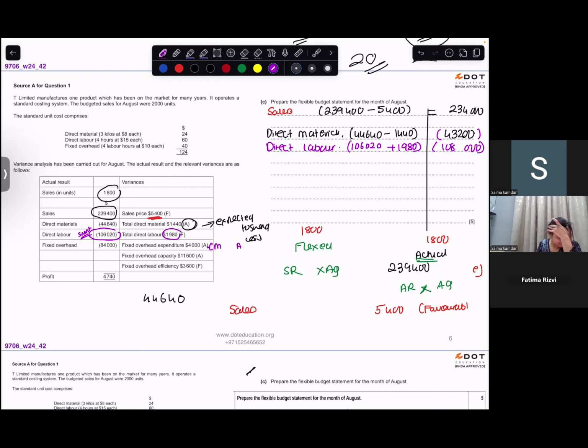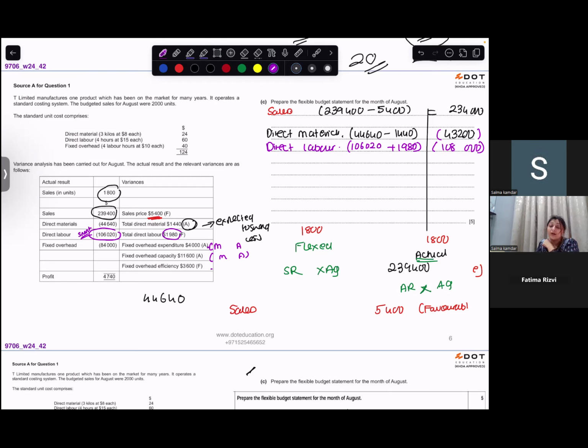Capacity variance. Capacity is adverse 11,600. Difference between what? Difference between standard labor hours and actual labor hours. Efficiency is favorable 3,600.